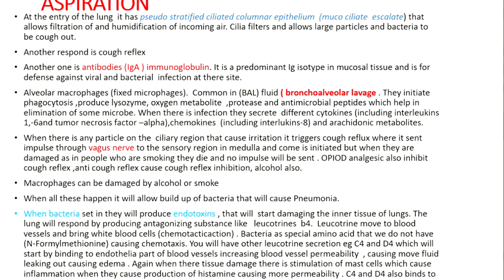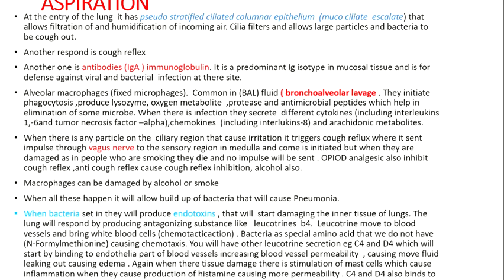Imagine bacteria have settled in your lung. Your macrophages will be stimulated to produce all these agents, and even cytokines such as tumor necrosis factor, chemokines, and arachidonic acid metabolites. When all this production happens, it causes inflammation.